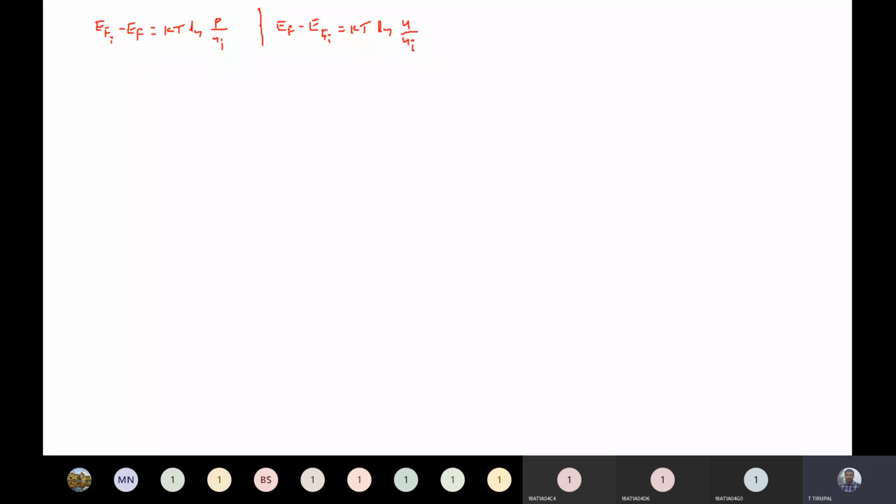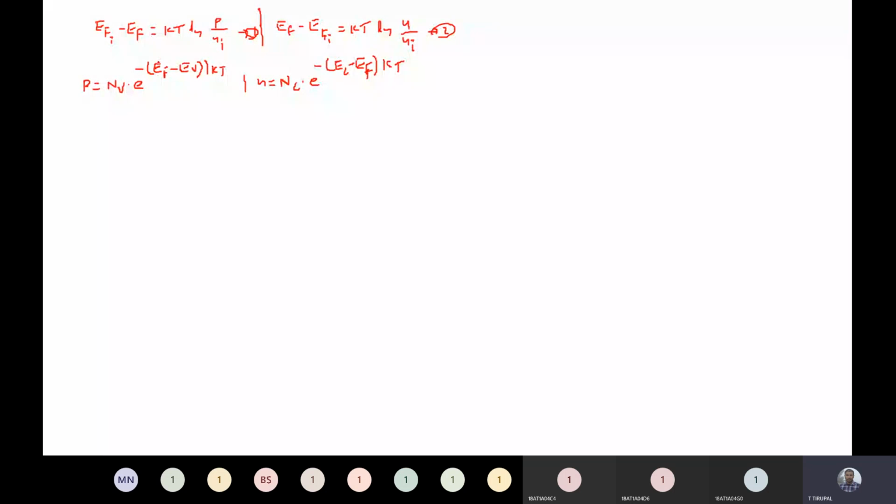These are the first and second equations. The original equations are p is equal to NV into e power minus of EF minus EV divided by KT, and n is equal to NC into e power minus of EC minus EF divided by KT.